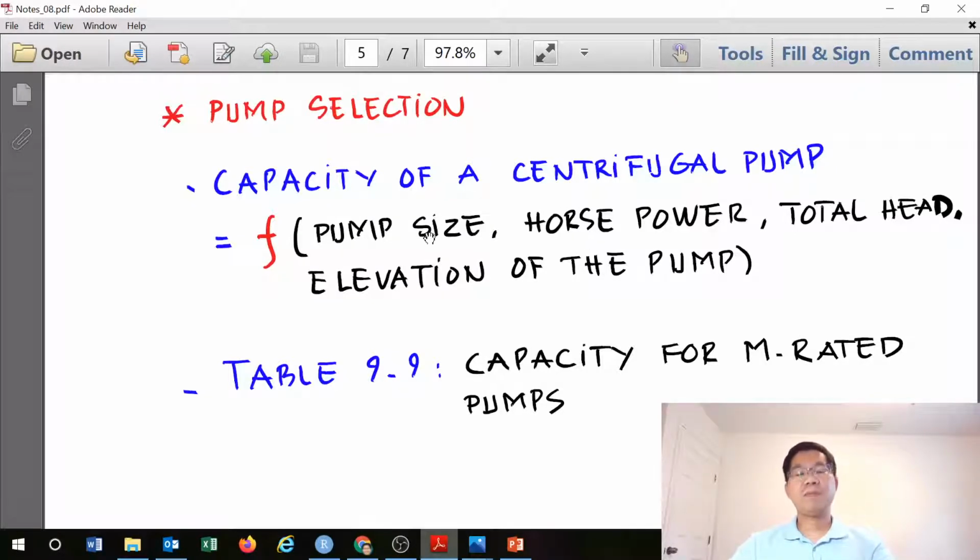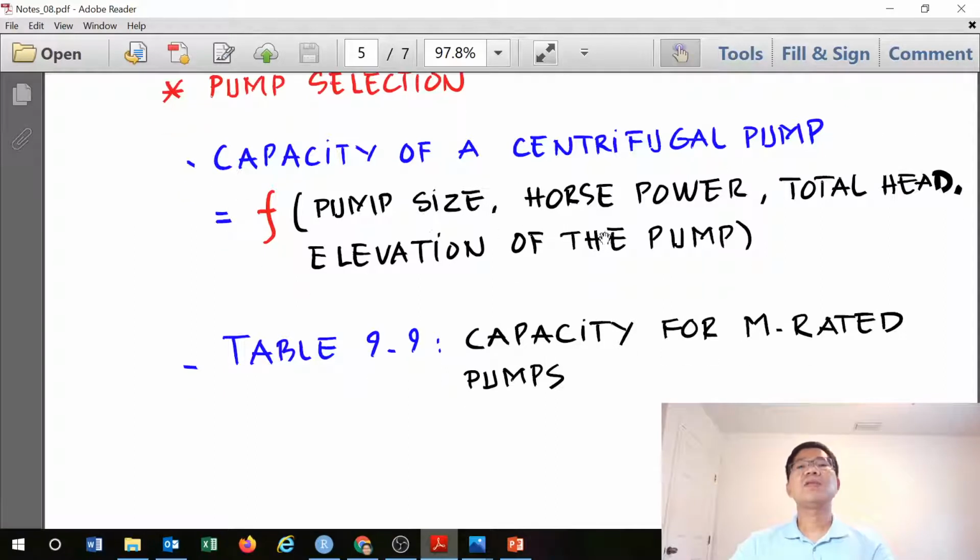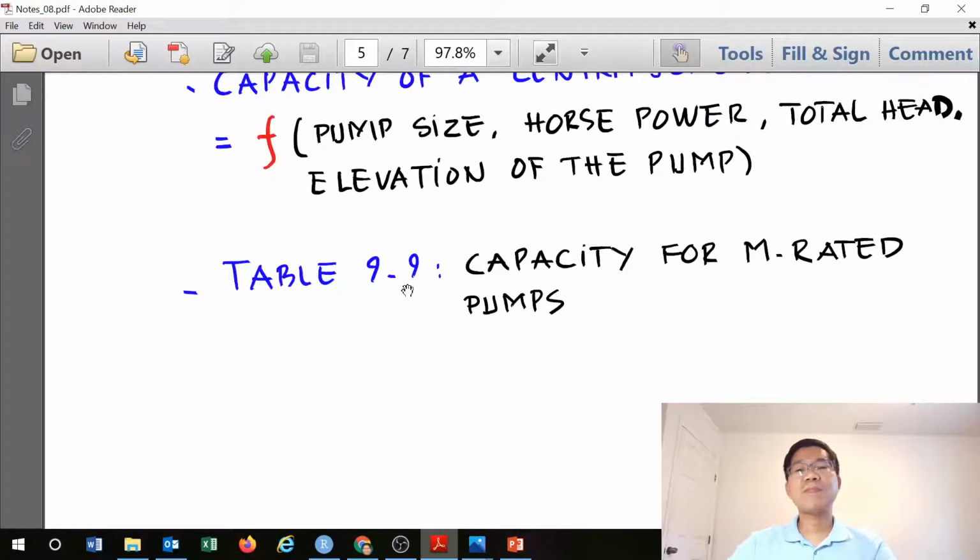So the volume, how many gallons per minute we need, the horsepower, the total head required, how high we need to pump the water up, then the elevation of the pump relative to the ground, relative to the discharge. Those are the variables to consider when we determine the capacity of the centrifugal pump. And that goes to table 9.9.